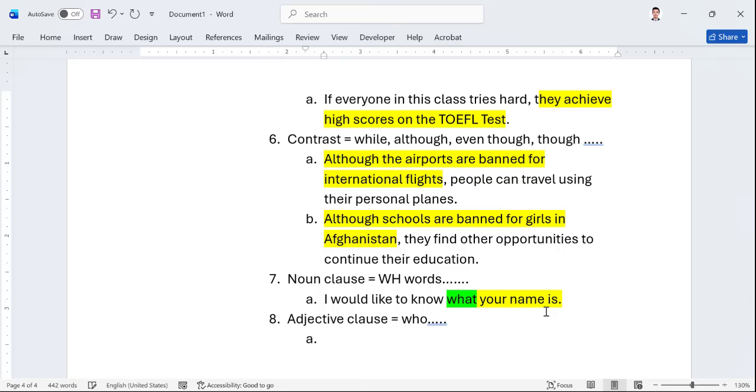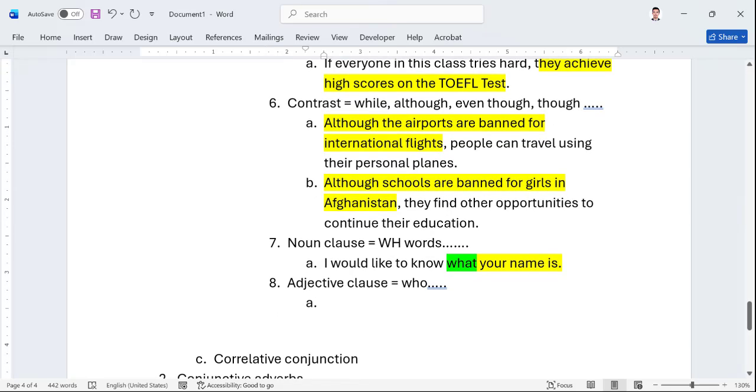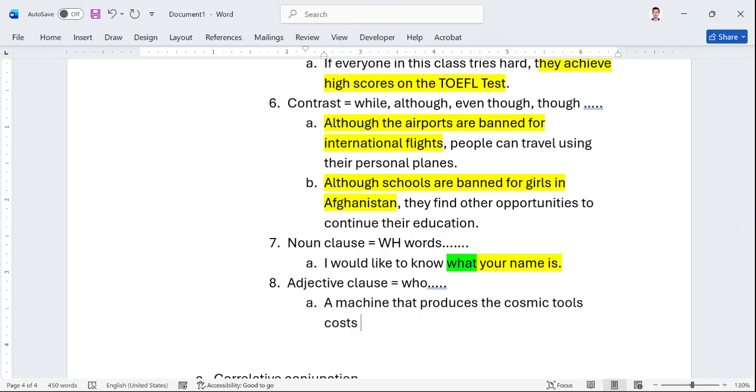With adjective clause subordinators, for example, we might say a machine that produces the cosmic tools costs higher than expected.